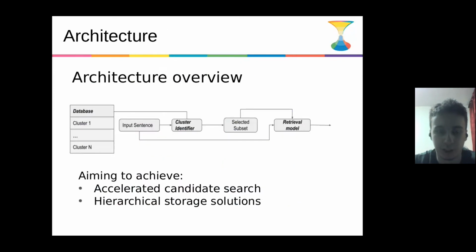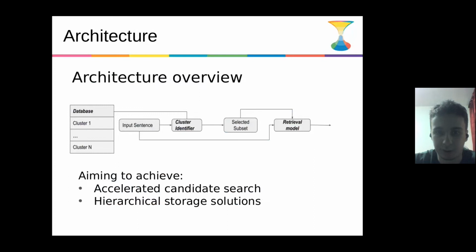So what we propose is this architecture. On the left, we have our database of responses, but instead of individual responses, we have clusters of responses. Now, say the user gives us a new input sentence. What we would typically do is run our scoring model on this input sentence against all of the response candidates.